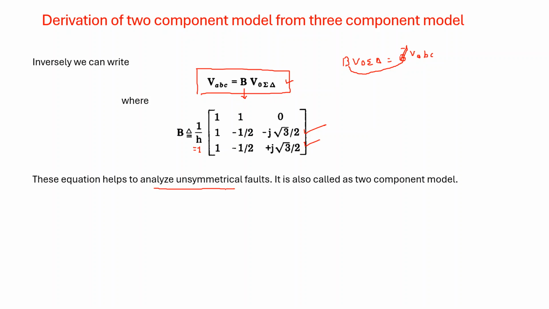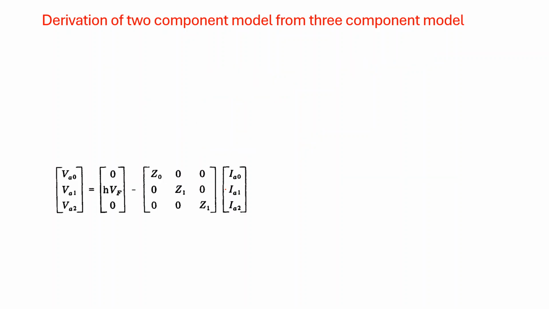In the three component method, we required three sequence networks, positive, negative and zero sequence networks, and their connection. So it was complicated, but now we are reducing the three circuits to two circuits with the help of this two component model, which is explained here.